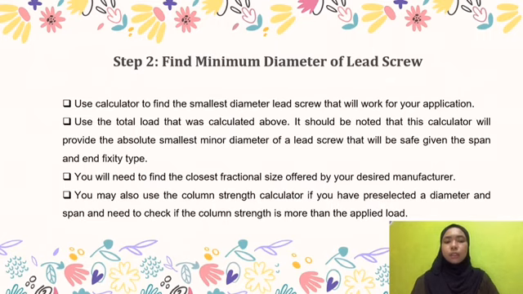You will need to find the closest fractional size offered by your desired manufacturer. You may also use the column strength calculator if you have pre-selected a diameter and span and need to check if the column strength is more than the applied load.